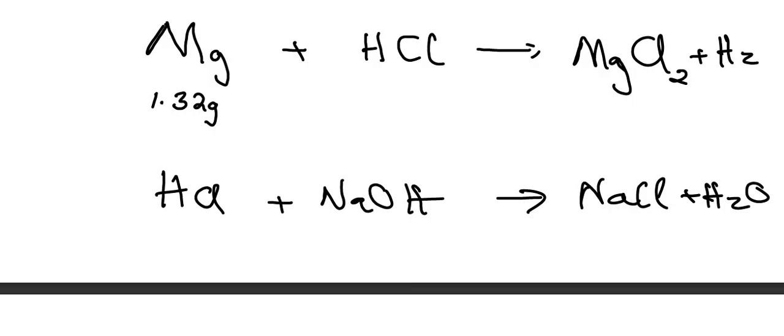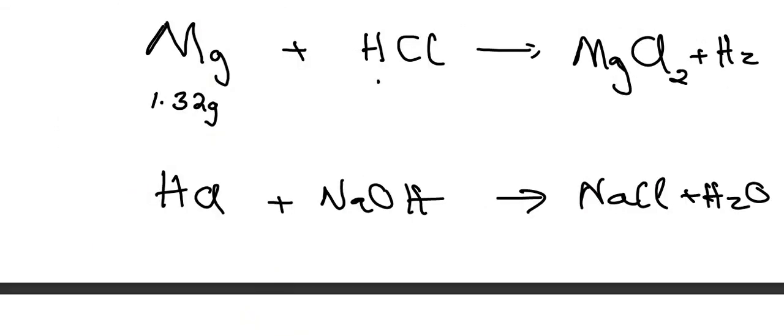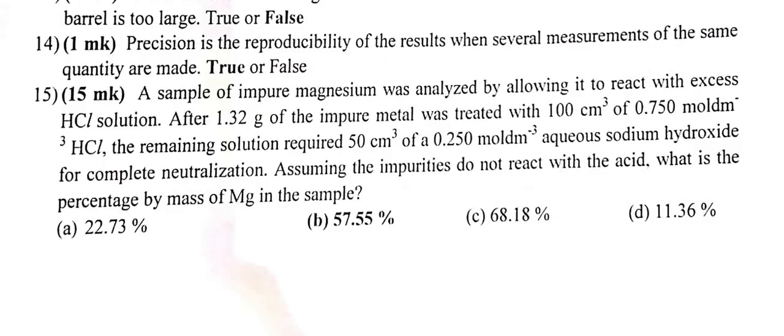The theoretical mass with impurities was treated with 100, so this is 100 cubic centimeters. Put the data there, 100 cubic centimeters. I can just divide it by 1,000 to put it in liters already. So this is liters, and the concentration is 0.75. And the question said HCl was the excess one, meaning it's the one that remained.